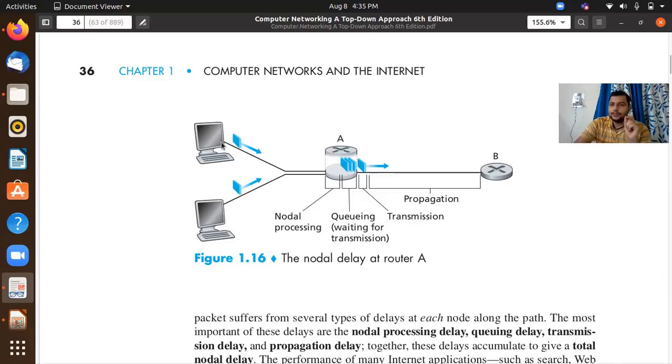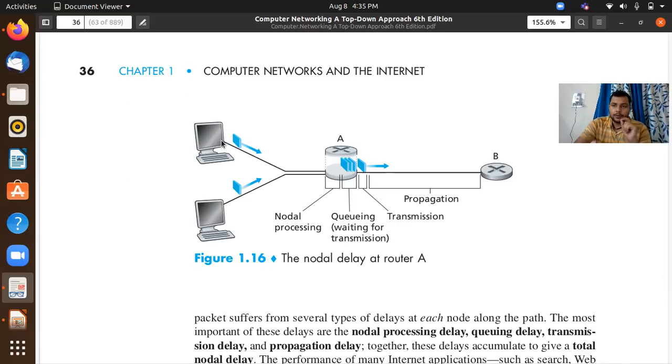Once it starts transmitting those packets, transmission means it will start pushing those bits over the wire. How will it push the bits over a wire?